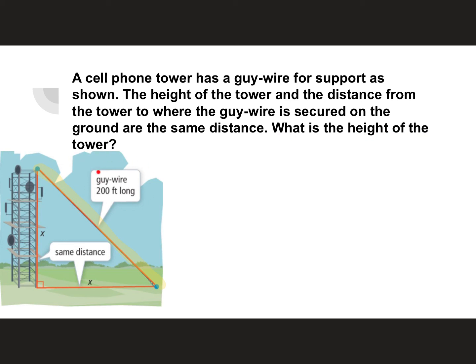So I know my guy wire is 200 feet long. In this case, I have the side lengths of my triangle are both x. I notice I have a right angle here. That means I'm going to be using the Pythagorean theorem. So I know I'm going to be using a squared plus b squared equals c squared.